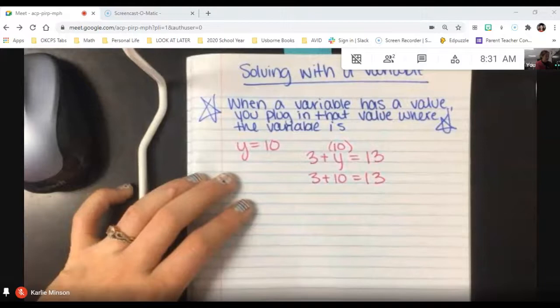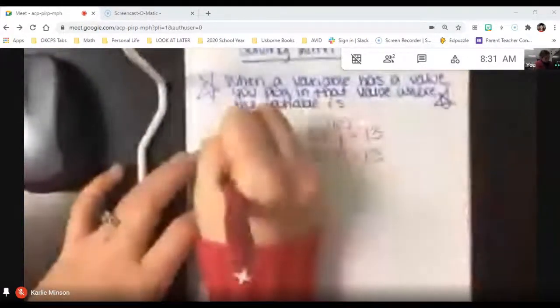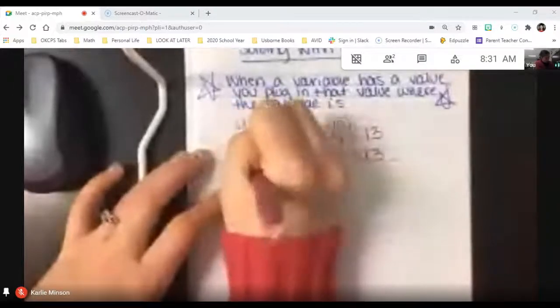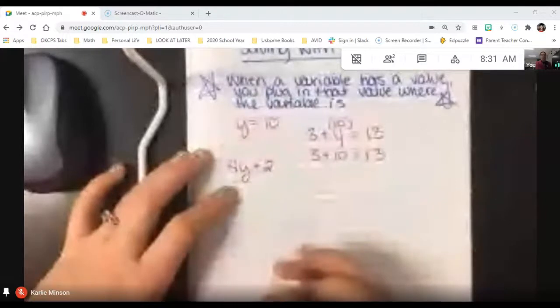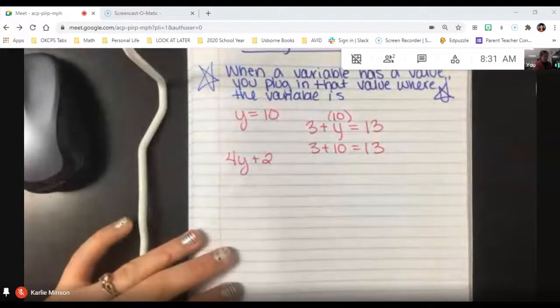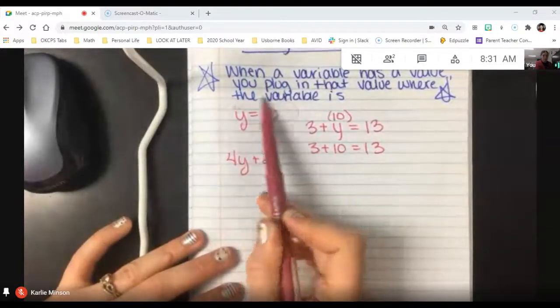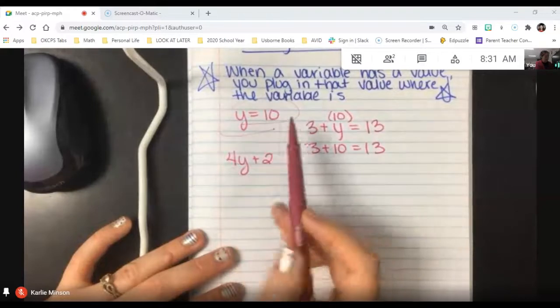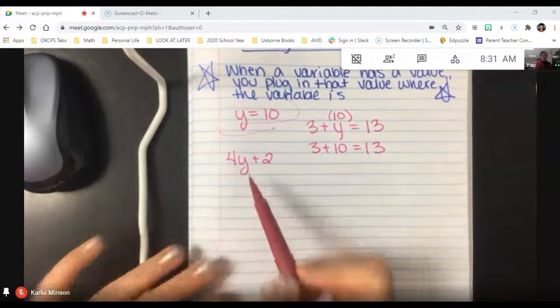All right, if I had 4y plus 2, I'm going to plug in y, plug in my value. My variable is y, my value of y is 10, I'm going to plug in 10.